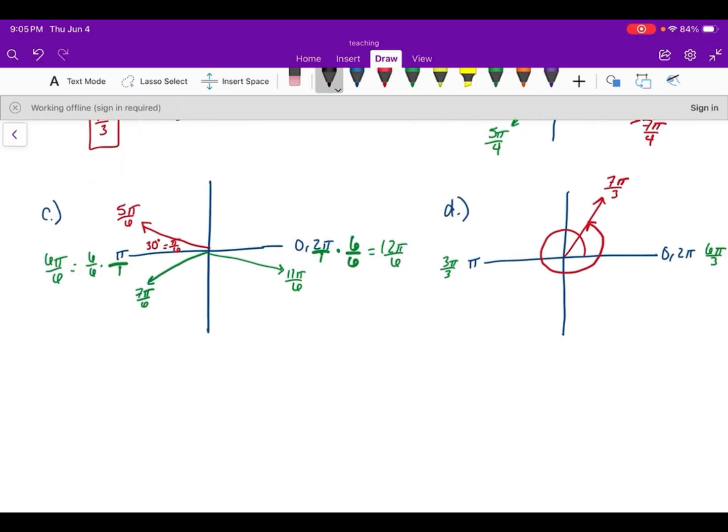Alrighty, let's talk about our next little piece here. So our next small topic in this is coterminal angles. So let me go ahead and write some stuff for you.